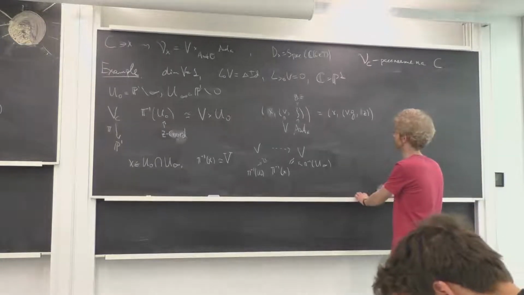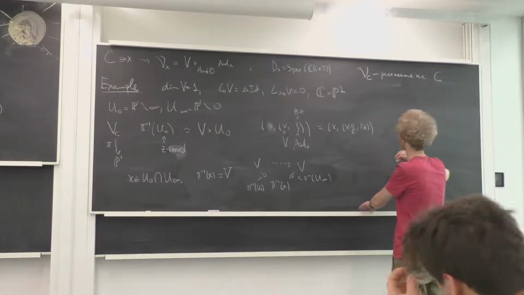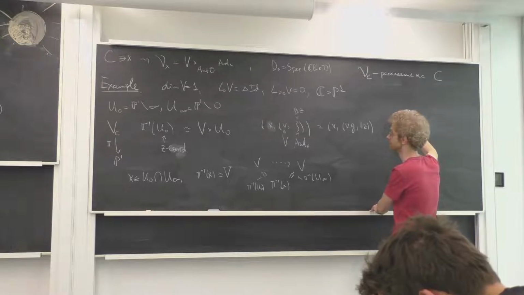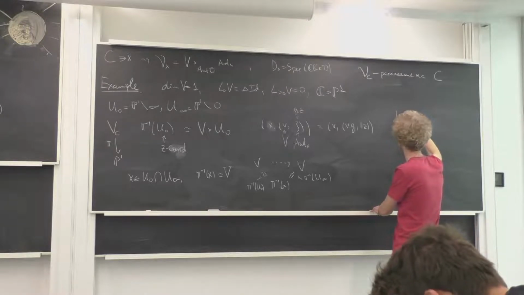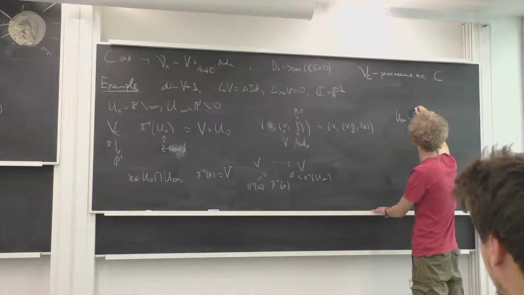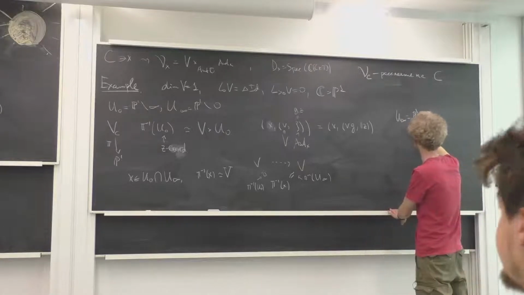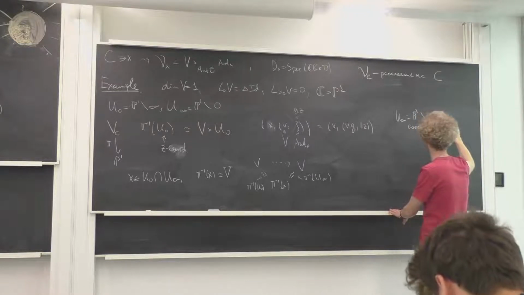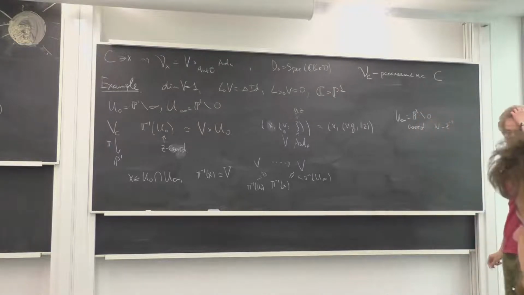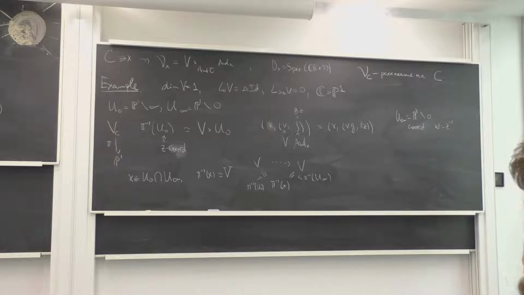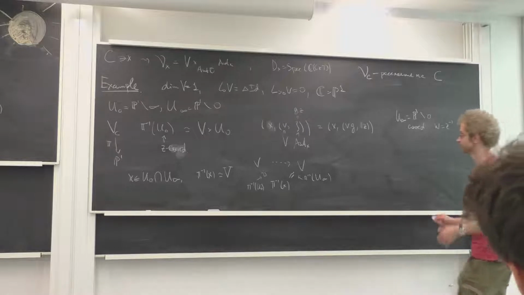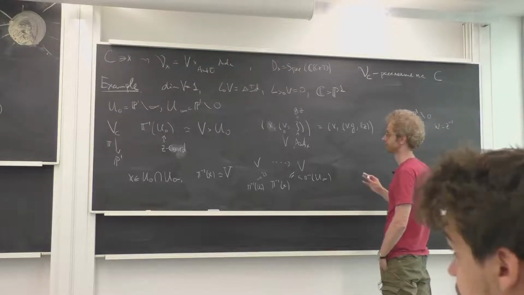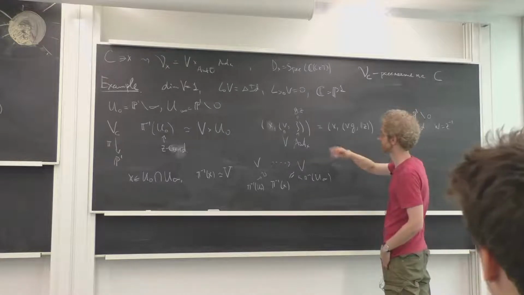Okay, so here we have this z, and in U infinity we choose the coordinate w, which is z inverse. So then we have an element psi here.